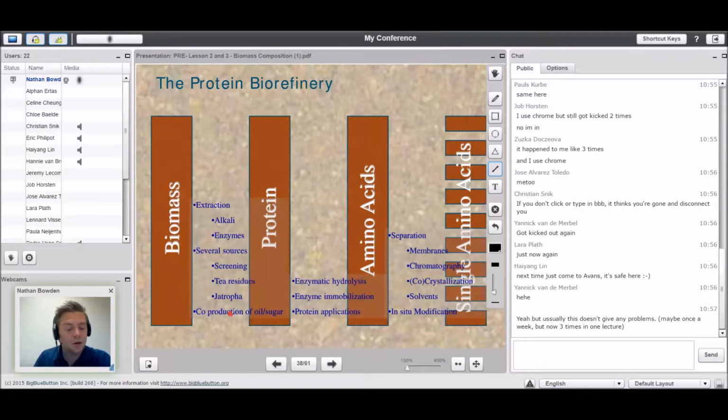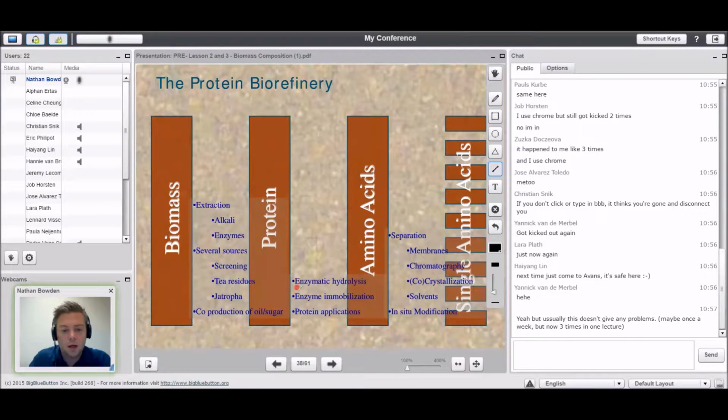And what's left over is a press cake, and this press cake has a lot of proteins in it because seeds are mostly oil, but they're also high in proteins. So that's another good source. Once you have the protein, you can either crystallize it or extract it directly for protein applications of feed or fuel.